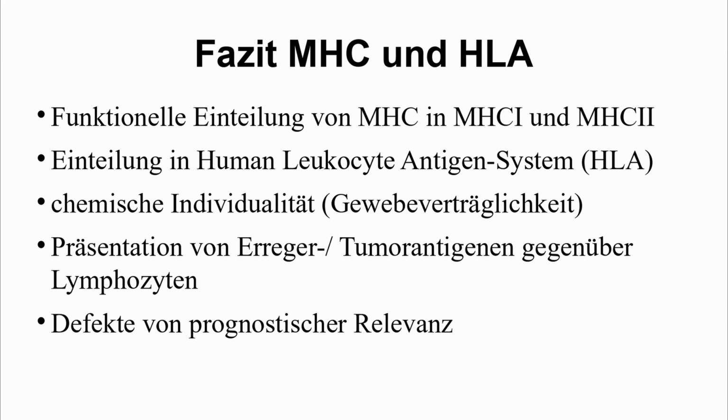Our immune system can use it to distinguish our own cells from foreign cells. MHC1 and MHC2 molecules are important to them for the presentation of pathogen or tumor antigen to our lymphocytes. Lymphocytes then take over the task of destroying tumor cells or affected cells. Defects in MHC molecules can be responsible for many autoimmune diseases and are of diagnostic and prognostic relevance.